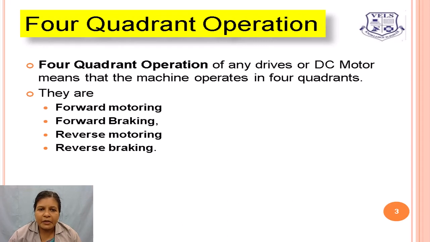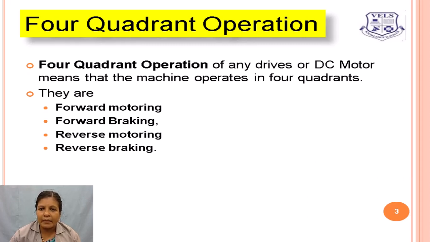We are going to study the four-quadrant operation of the drive by using the load hoist as an example. Basically there are four quadrants of operation. Every drive is capable of producing four quadrants, but some drives operate in one quadrant, some operate in two quadrants, and some are capable of operating in four quadrants.